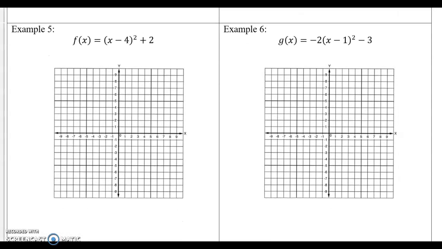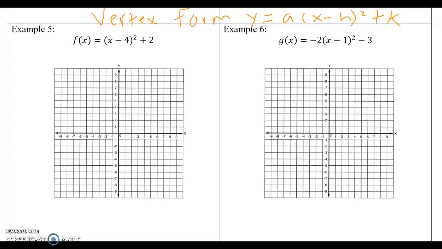Okay, so vertex form is the last form. My equation for vertex form, just the standard equation, is y equals a, open parentheses, x minus h, squared, plus k.